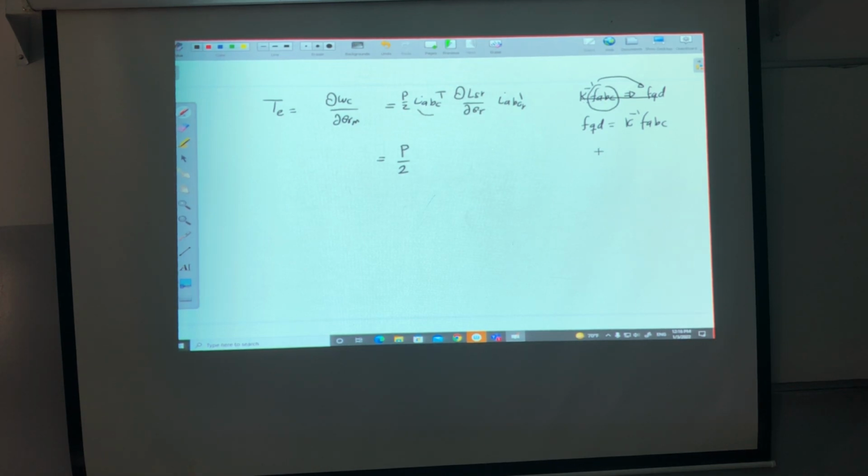If F_QD equals K S without inverse. Now simply if I'm having F_ABC, I need to put K S, and this would be the F_QD.